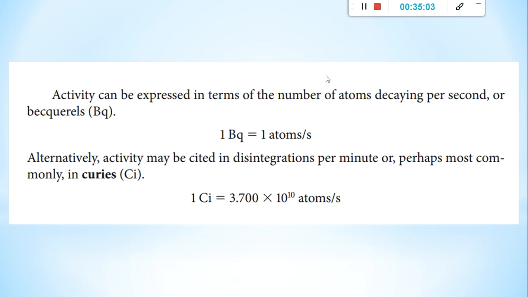Activity can be expressed in terms of the number of atoms decaying per second, or becquerel. So 1 becquerel is equal to 1 atom per second. Alternatively, activity may be cited in disintegrations per minute, or perhaps most commonly in curies. Basically 1 Ci, or 1 curie, is equal to 3.7 times 10 raised to 10 atoms per second.